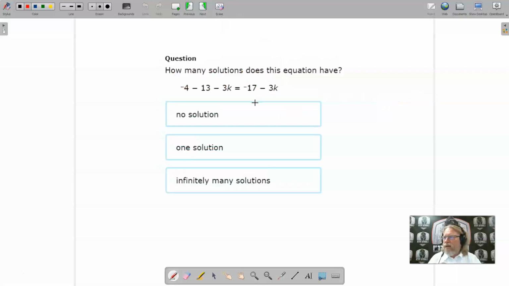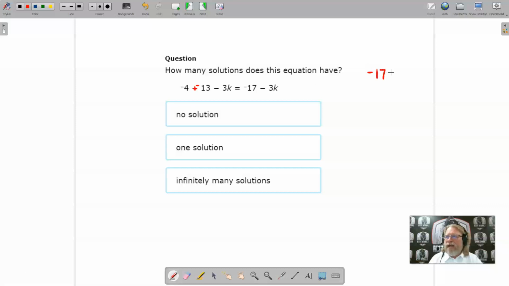On the next one, looks like we might need to do a rewrite, and we're going to have to combine some like terms. So we have negative 4 minus 13. Let's make that negative 4 plus a negative 13. And then we have our negative 3k. Everything else is good to go there. I think I see what's going to happen here. Check this out. Negative 4 plus negative 13 equals negative 17, right?